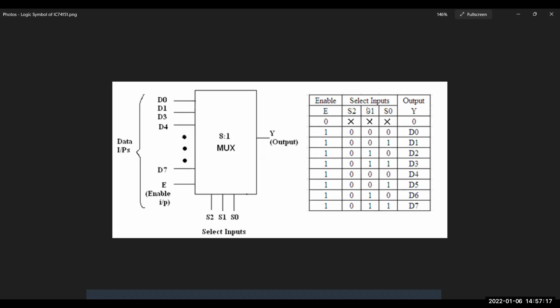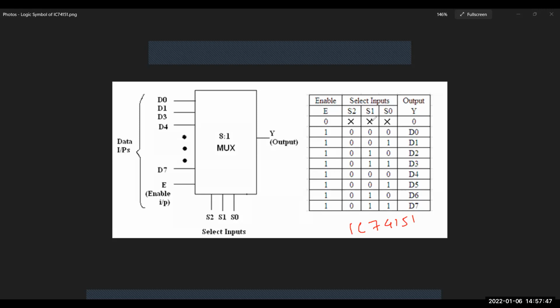And this is the logic symbol for the 8:1 mux. The IC number is IC 74151. This is the IC number for the 8:1 mux.